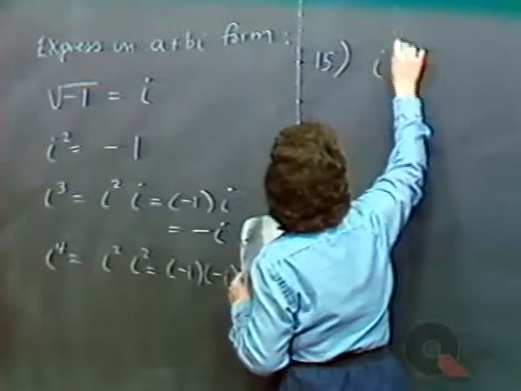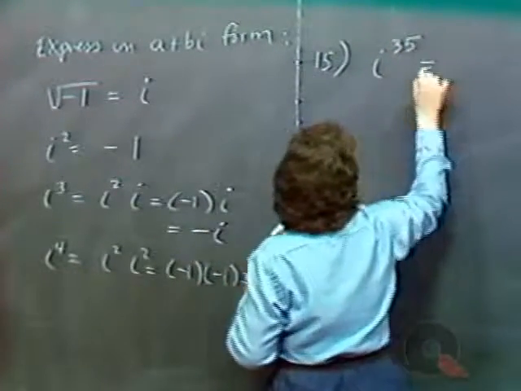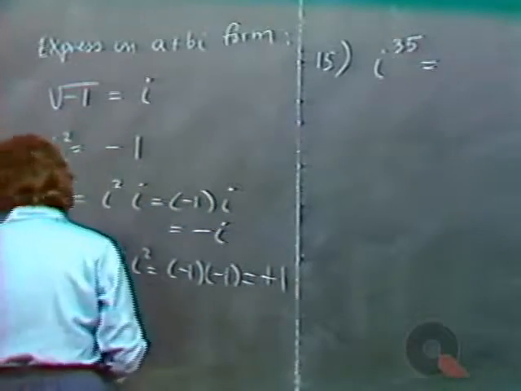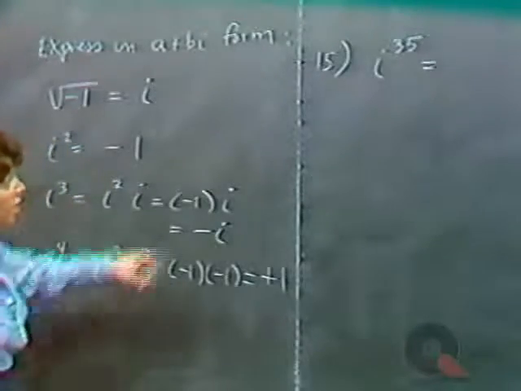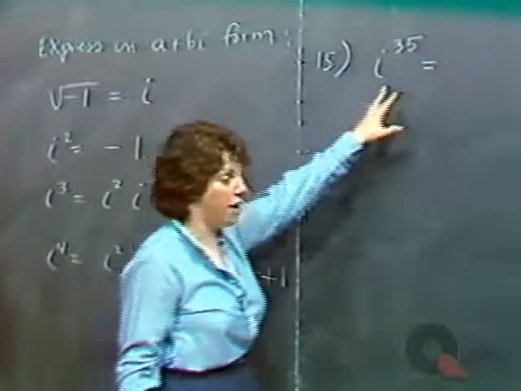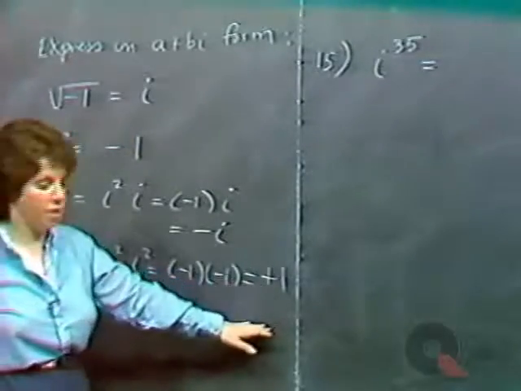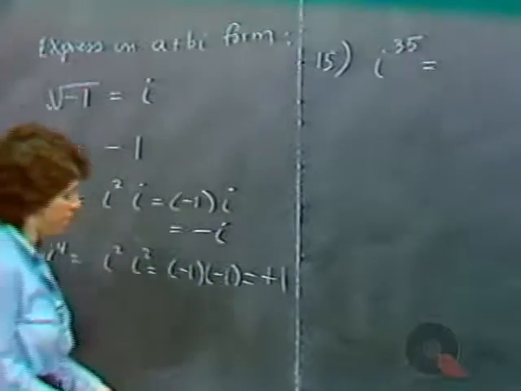i to the 35th power. Now the idea is to find the biggest multiple of 4 that's contained in 35, because i to the fourth is plus 1, and we can use that to reduce the power here.